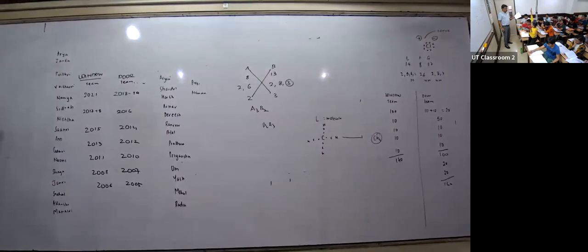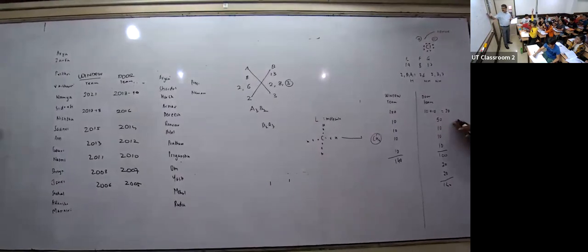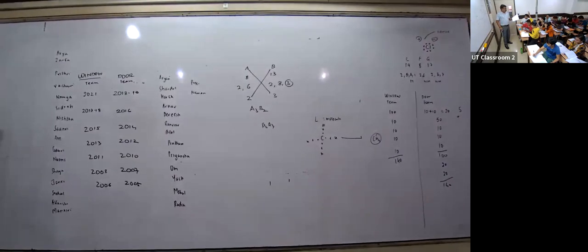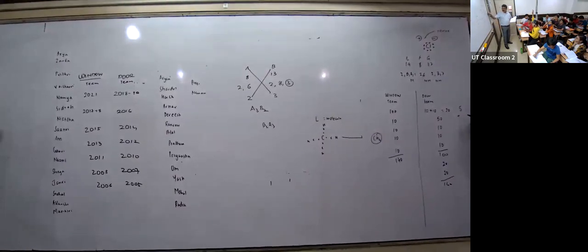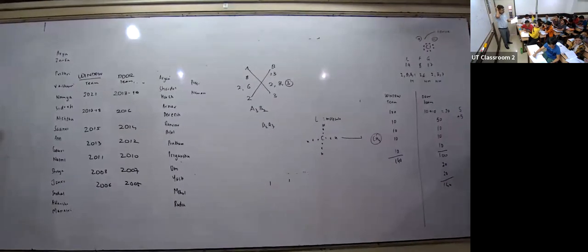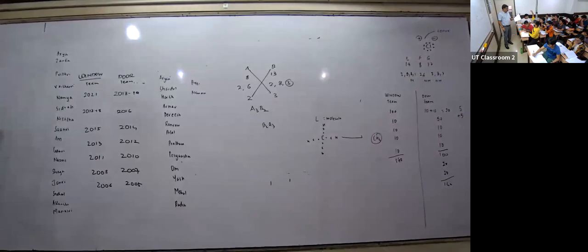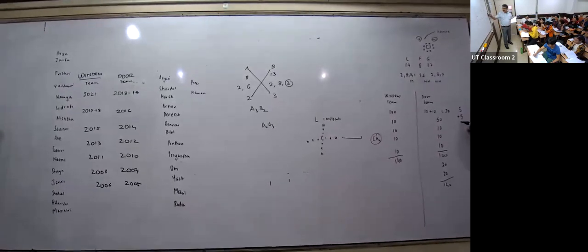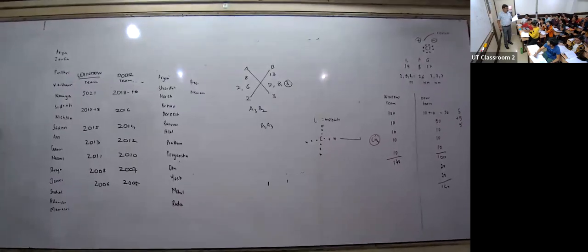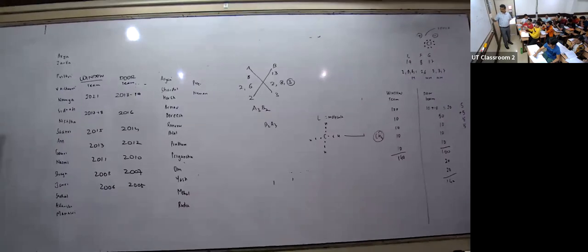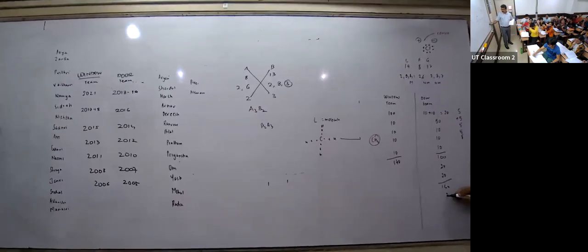Ionic. Then electronegativity across the period. Non-metallic character. Then 25. 25.